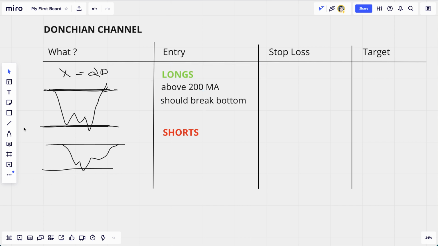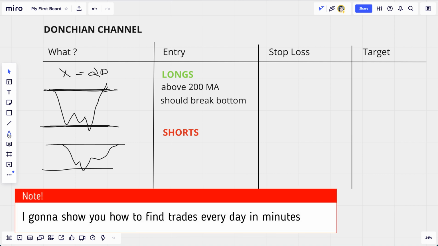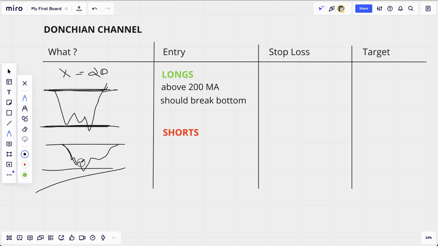Let me show you examples here. If this is the moving average, the price comes and breaks the bottom channel, then you go long and you're gonna ride the price until here.